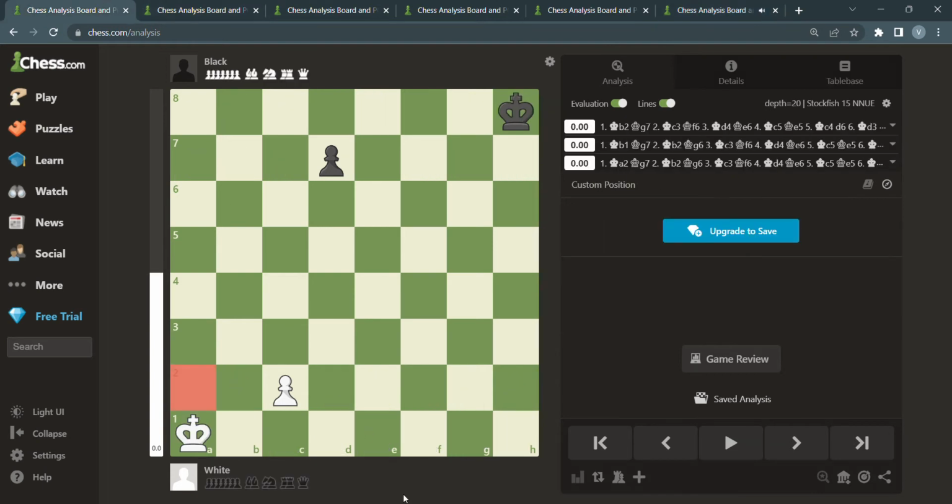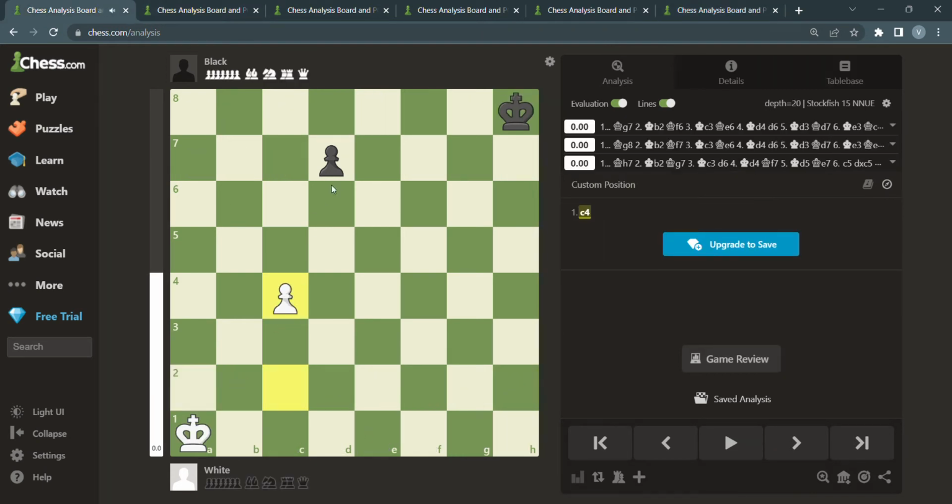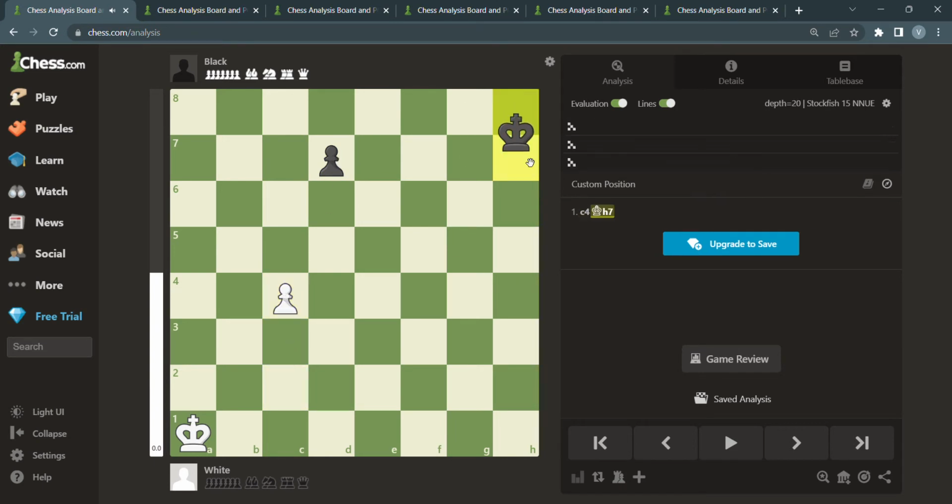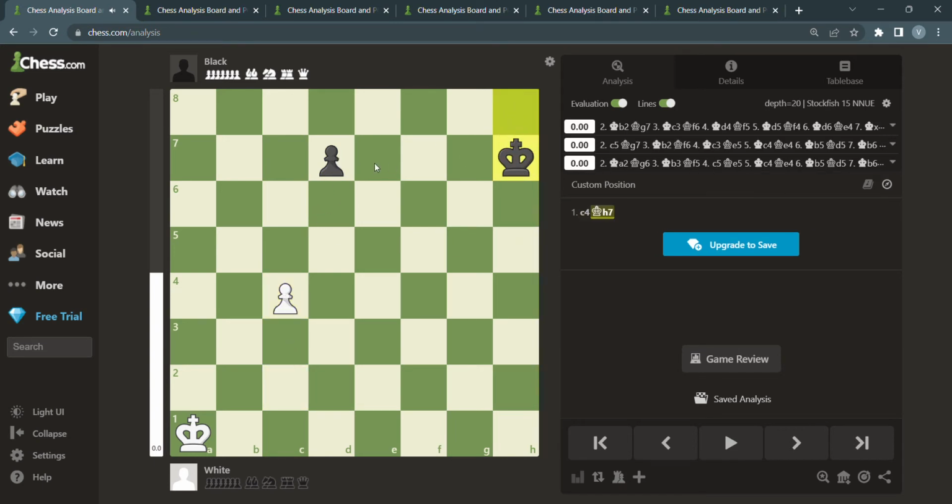So pawns move 2 squares on their first turn, and the way they capture, we'll just play a random move there. I'll tell you about the king right now.